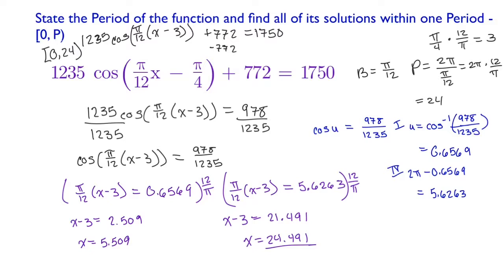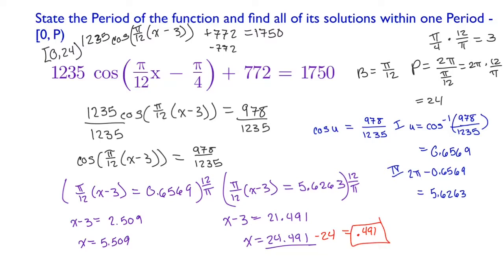However, what we do know from that is because that represents one full period, we can actually subtract 24 from this, and we get the answer of 0.491, which gives us the actual second answer to this solution by taking the period away.